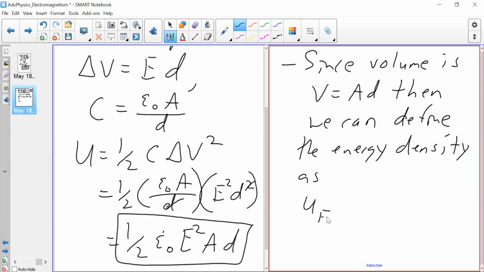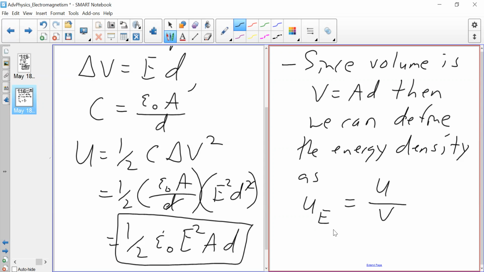Like surface density, linear density, charge density, surface charge density, volume charge density, now we got something called an energy density. It is energy per volume, like charge per volume, or charge per area, charge per length. In the extreme case here, because we're talking about volume, A times D, energy per volume is volume energy density, or just energy density.